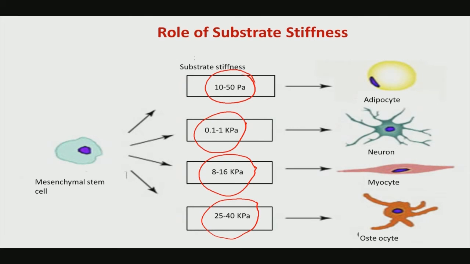By varying the substrate stiffness, they were trying to understand how bone marrow derived human mesenchymal stem cells can differentiate in a stiffness dependent manner to different cell types.